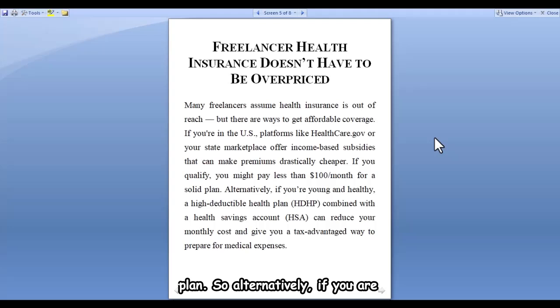Alternatively, if you are young and healthy, a high deductible health plan combined with a health savings account can reduce your monthly cost and give you a tax-advantaged way to prepare for medical expenses. So now let's go to the next one.